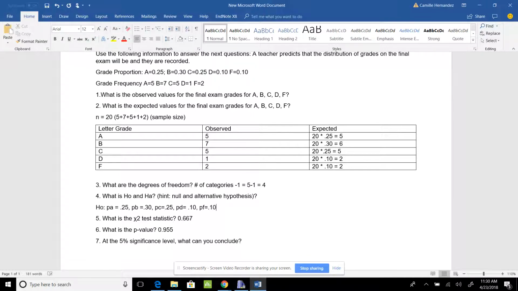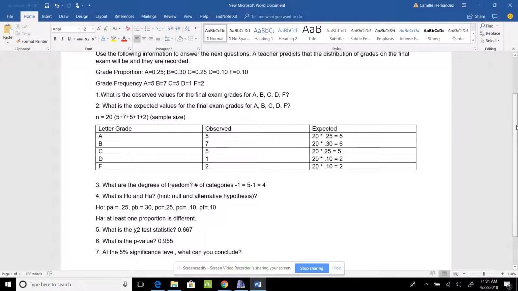What I did was basically reiterate what my proportions were. So what's my alternative? At least one proportion is different. Again, that means I could have one proportion different, two, three. They all might be different from what they need to be, but that's a way that I can test.